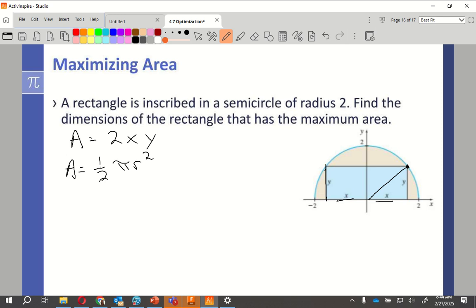Alright, so if we're trying to maximize the area there, for the area of this circle, do I know what the r is? My r is 2. So the area is going to be 2 pi. That's a pi symbol.